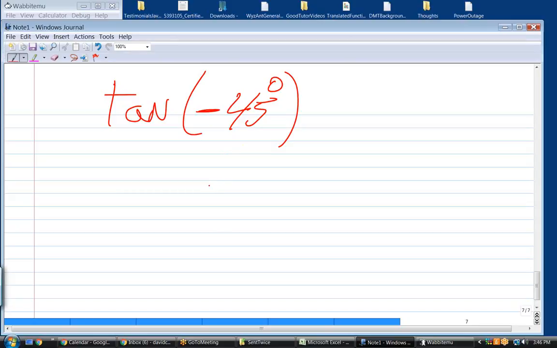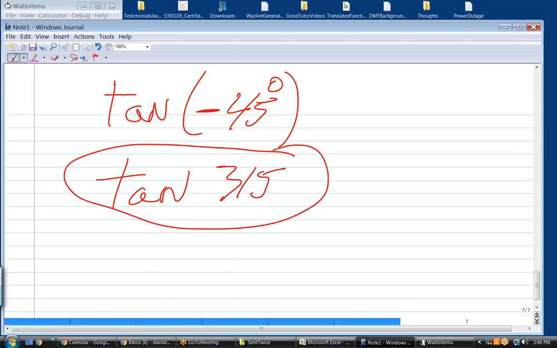What multiple of 360 do I need to either add or subtract to that? 360. Okay, what do I get? 315. Okay, so that's the reference angle. And now I'm tasked with figuring out what the tangent of 315 is. Ooh. And the reference angle is 45 degrees.